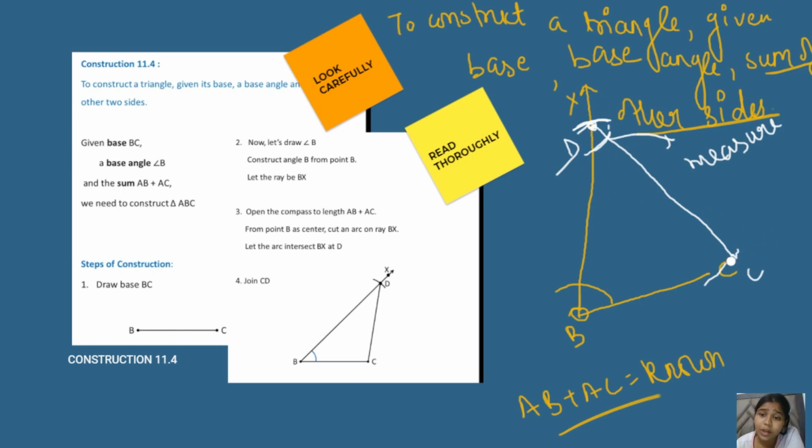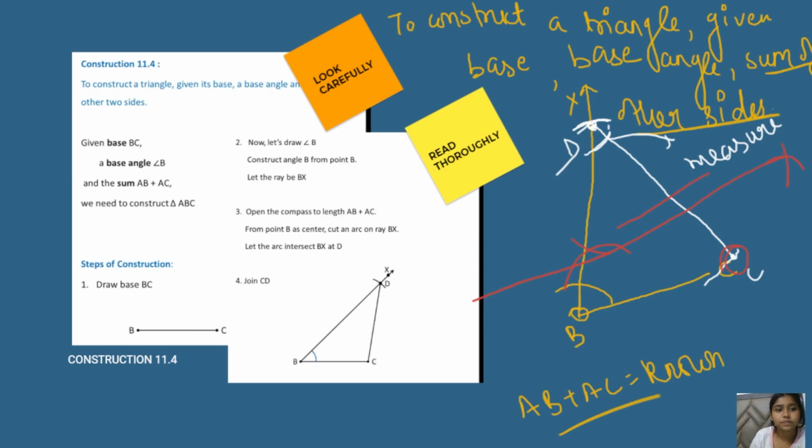Or you can make the perpendicular bisector of this CD. How can you make a perpendicular bisector? First of all, take C as the pointer, and make an arc here and here and here, right? Then take D as the pointer and mark here and here. Like this you will get something like this. This will be the perpendicular bisector.